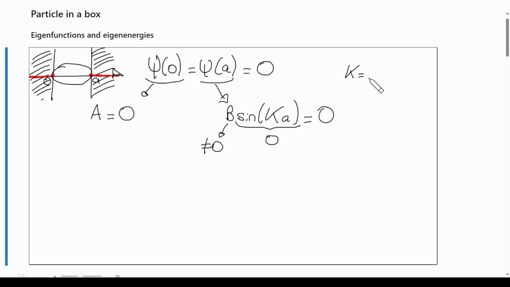And what does this tell us? It tells us that this kappa, or this square root of 2mE over h bar squared, has to have values that are in accordance with this constraint here, sine kappa a equal to 0.